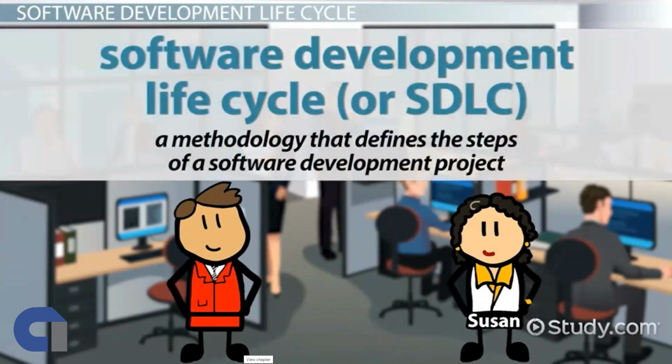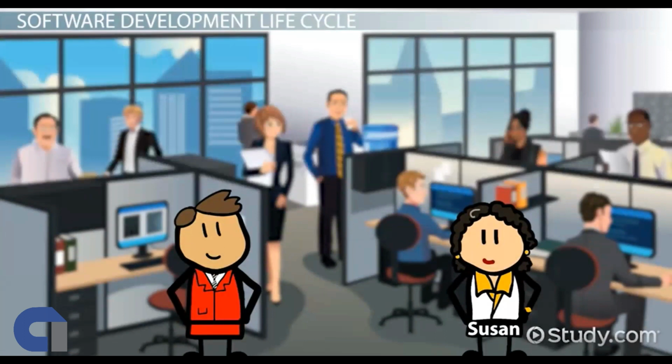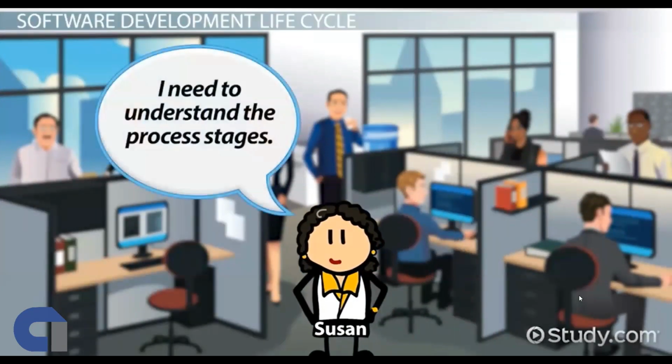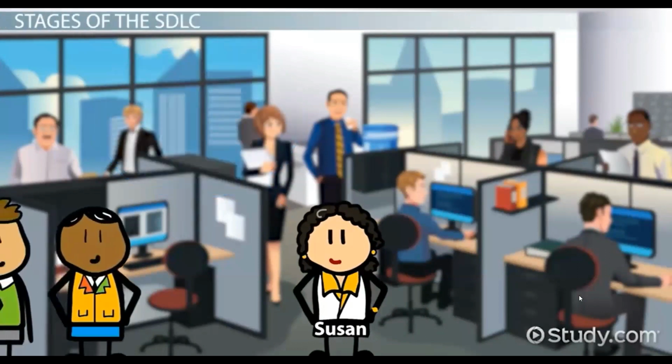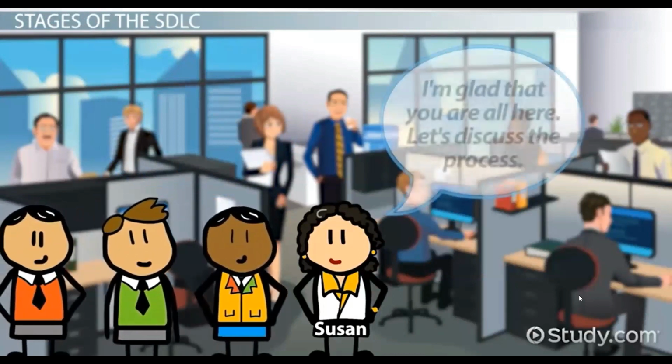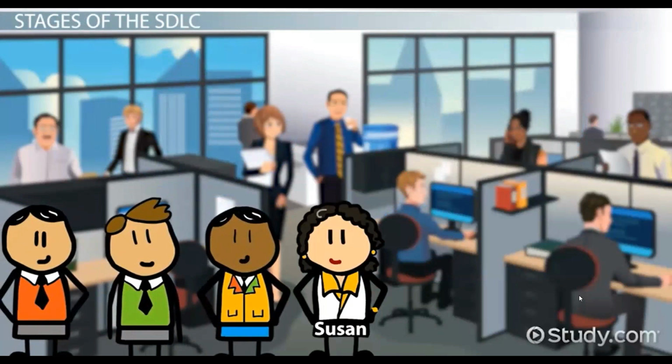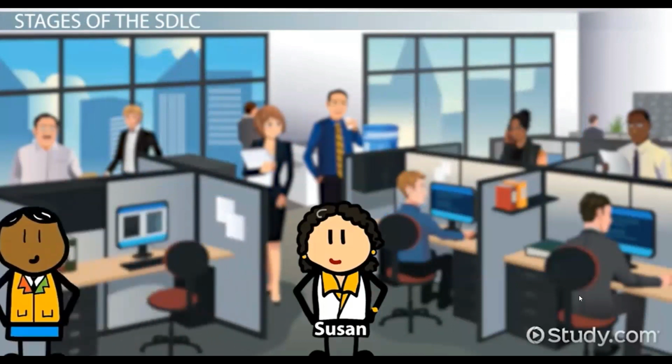The SDLC is a methodology that defines the steps of a software development project, and there are several stages. Susan wants to follow the SDLC, but needs to understand each stage in the process before providing instructions to her project team. Each stage in the SDLC produces deliverables and outcomes that are required to begin the next stage in the process. We'll now look at each of these stages and what happens during them.